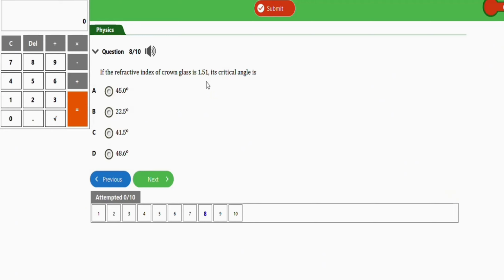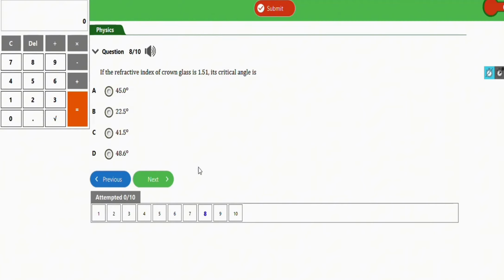But here the option that is closest to it is 41.5. The way we solved that first question is the same way we solve this one. So you get 41.5 degrees when you apply the same method. That's it for this question.